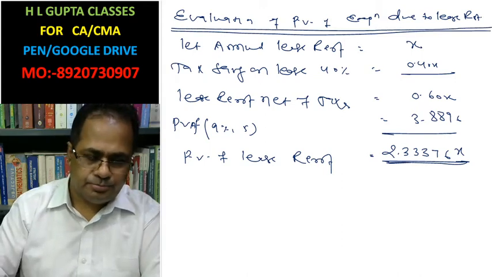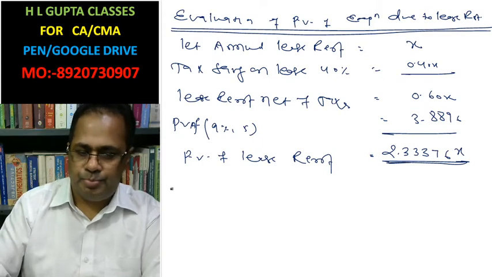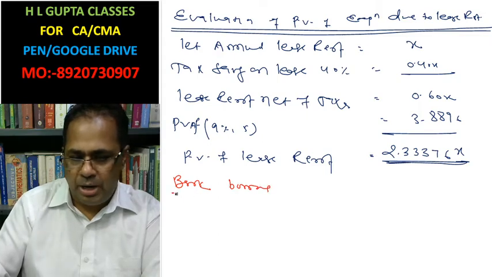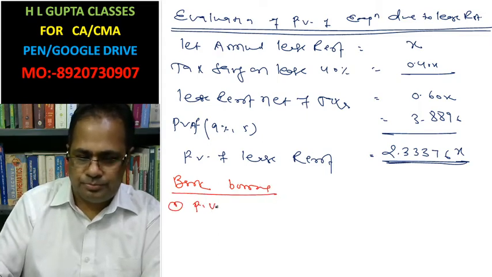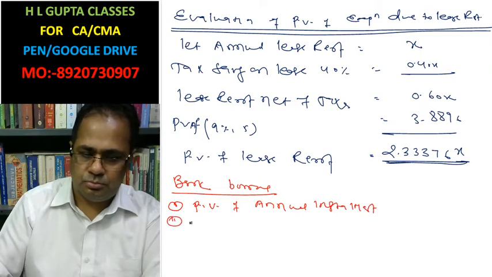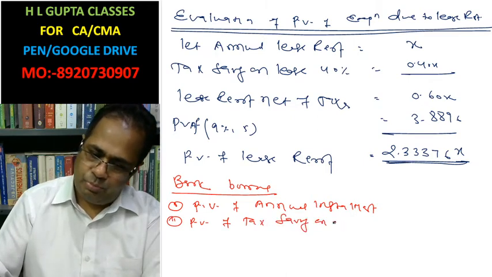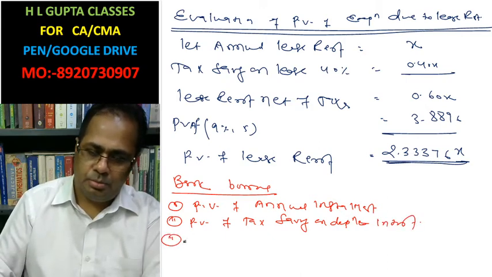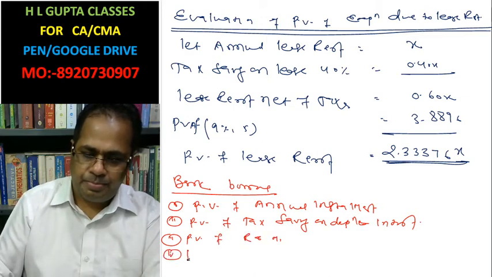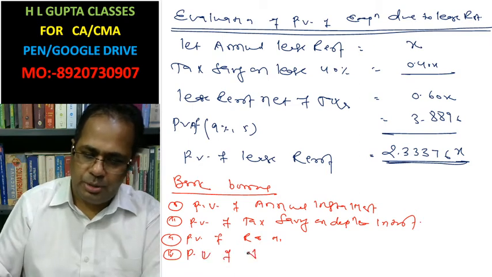In the case of bank borrowing, you have to calculate the present value of annual installment, the present value of tax saving on depreciation and interest, the present value of repair and maintenance, and the present value of terminal cash inflow.